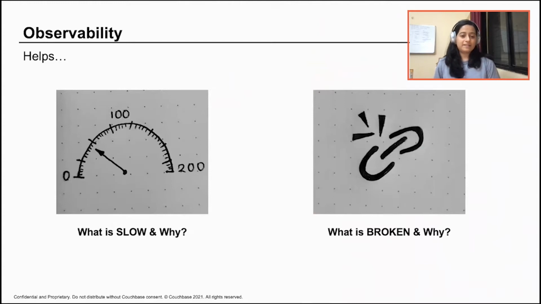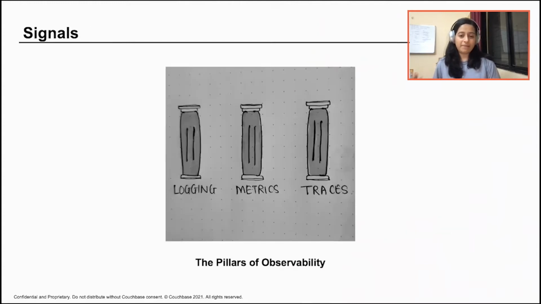We always hear terms such as logging, metrics, and tracing. If we have an internal system, we have our applications, they will always emit these 3 things. And these are essentially the signals that help us observe the health of our internal and external systems, right?